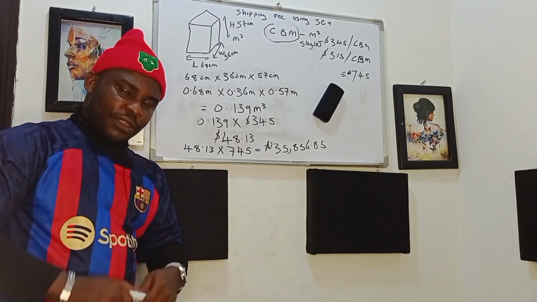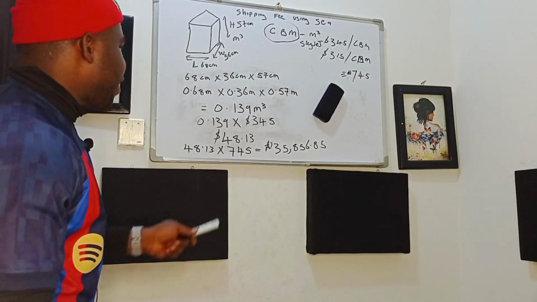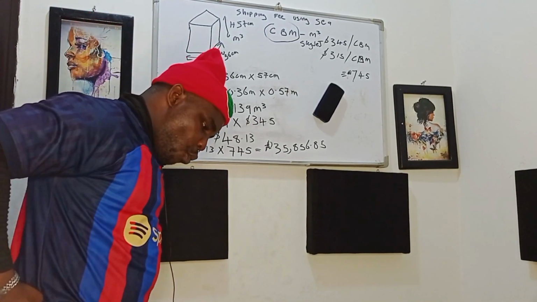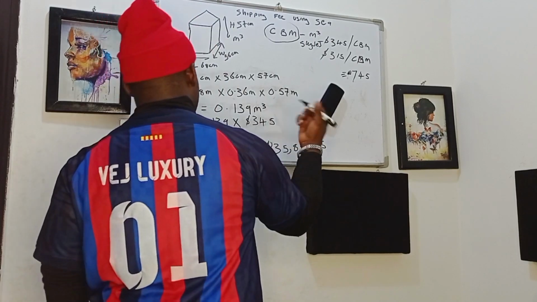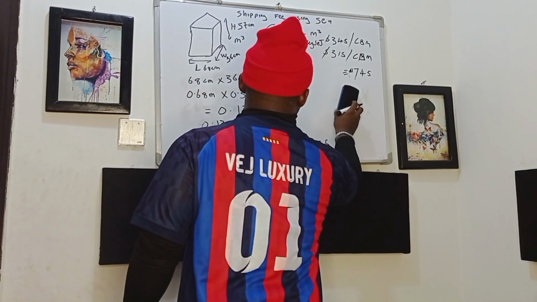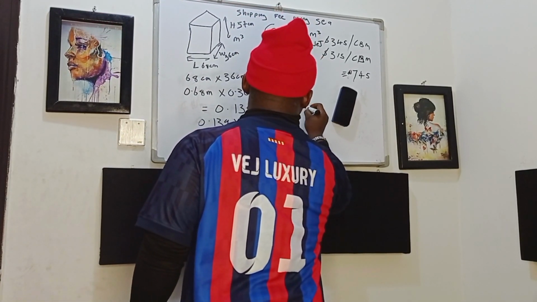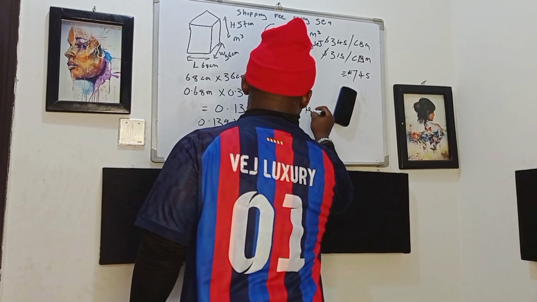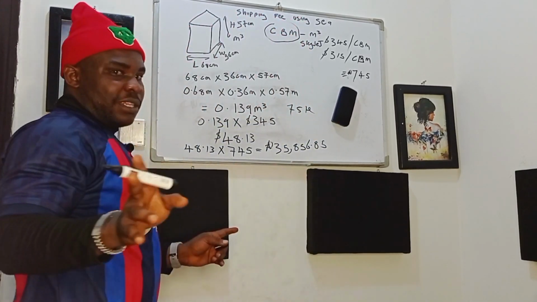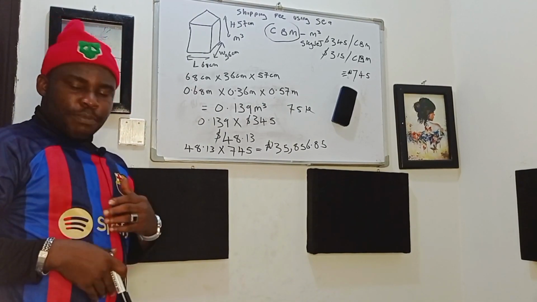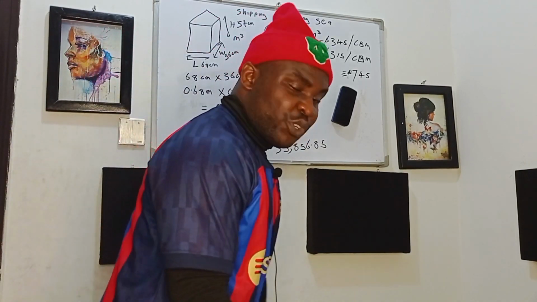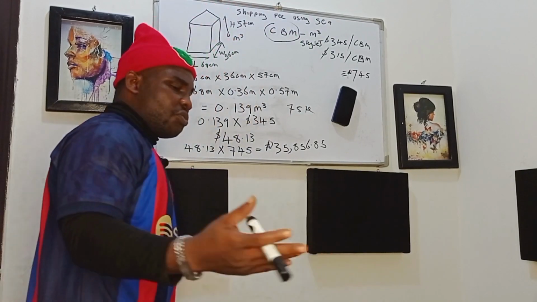But believe me, if you're using air freight, you're going to pay way more than that. You could pay up to, let's say, maybe even 75,000 Naira. You can pay up to 75K for that carton. Going by experience, it depends on what is usually contained in that carton, depending on your goods.